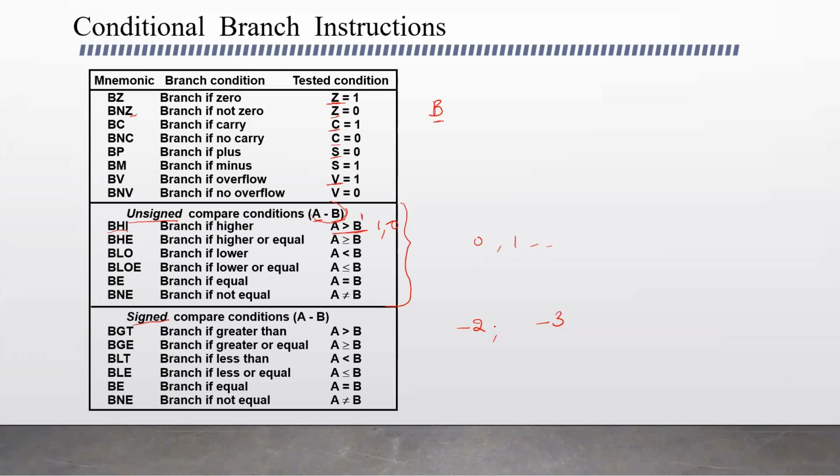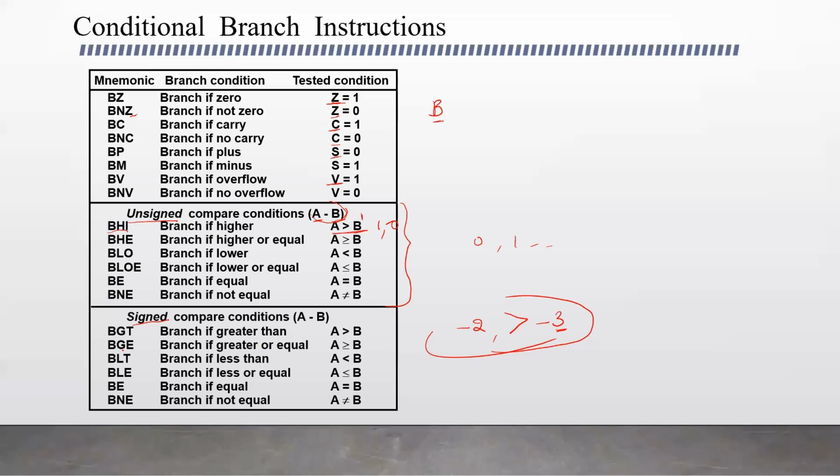Here the number looks higher, but still -2 is greater than -3, correct? Because these are signed numbers, it is written as BGT for checking if A is greater than B.